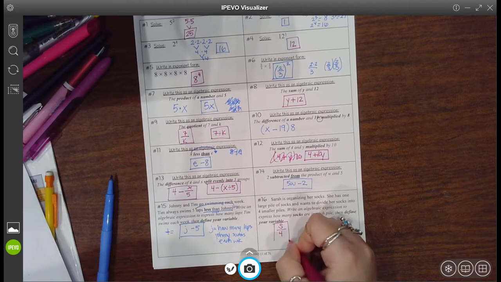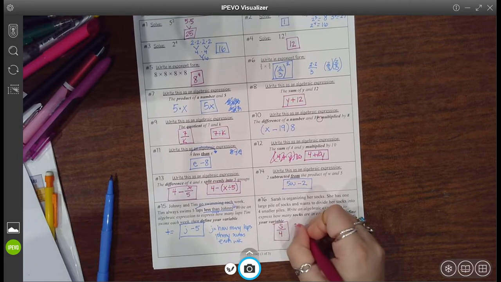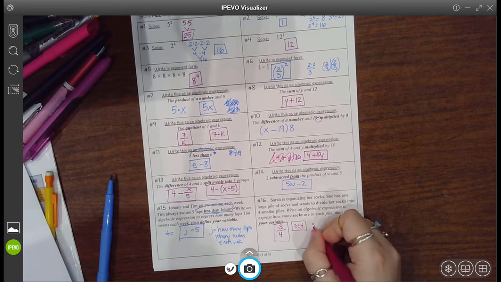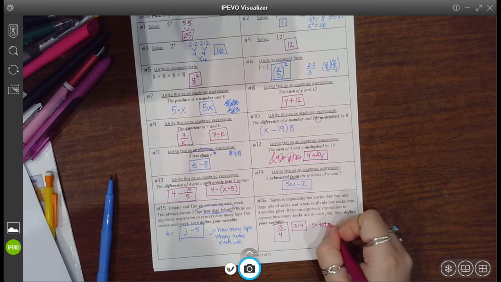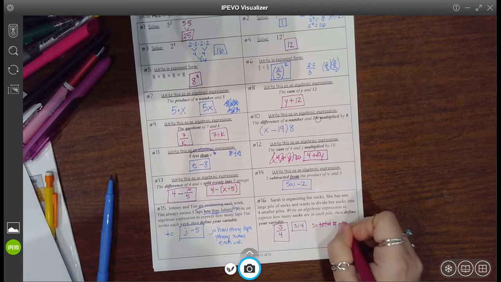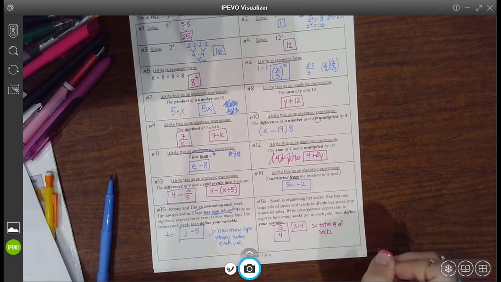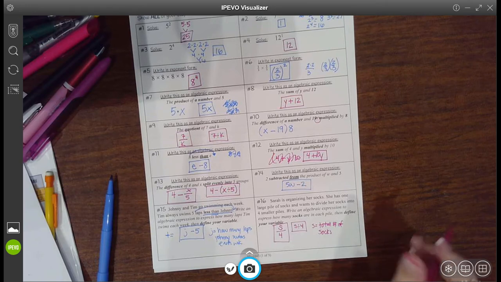So that is my expression. Or of course, S divided by 4 would have worked as well. And then S is representing the total number of socks, because you take the total number of socks and then divide it into 4 piles. And that's going to represent how many are in each little pile.